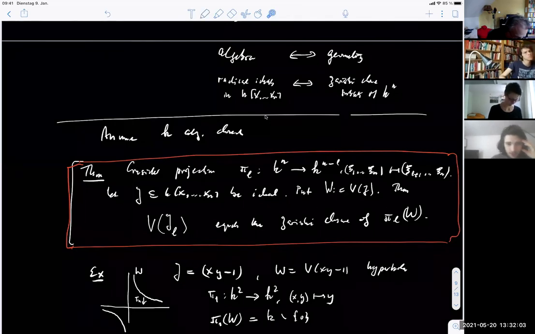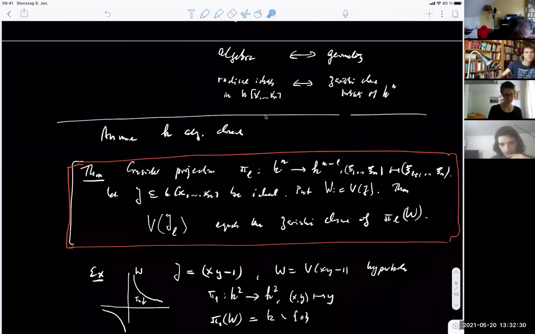So I of V of J_L equals the Zariski closure, because V would be polynomials that vanish, and then it should be I of. Or do we identify somehow?